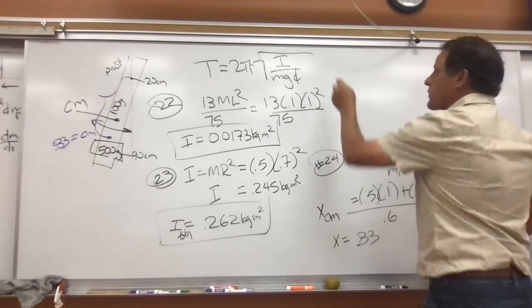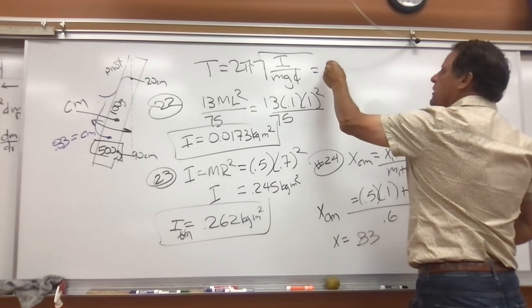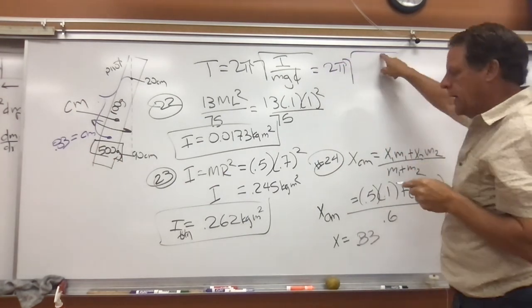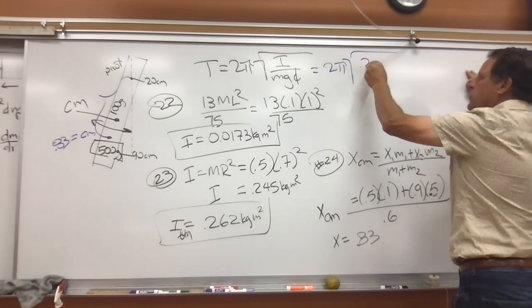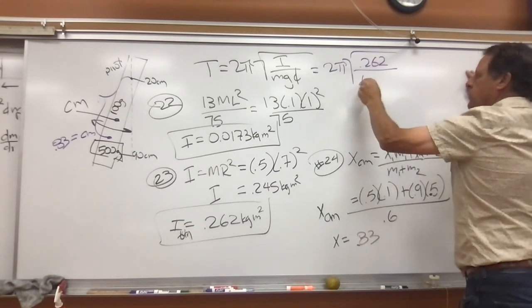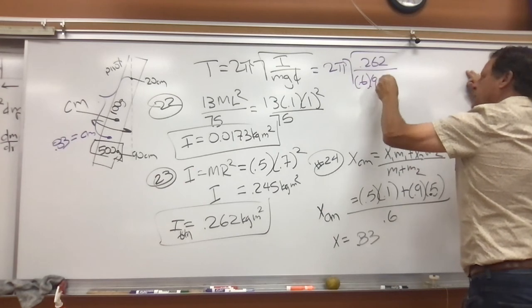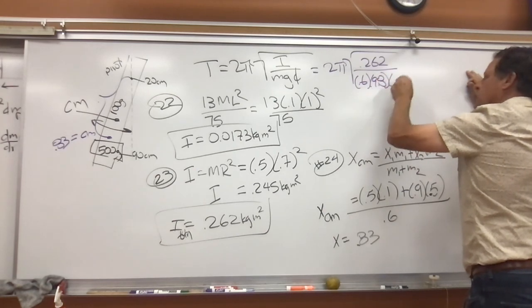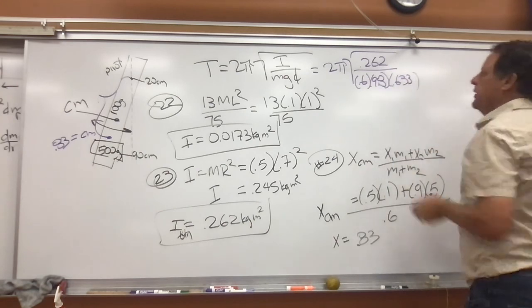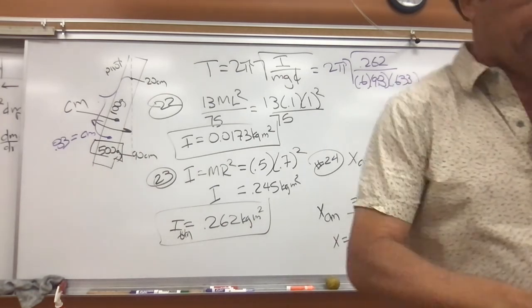Okay, so now we can just plug in this equation, which is going to be 2 pi times the square root of our total I, which was 0.262, divided by our mass. Our total mass was 0.6 times 9.8, and that distance was 0.63.